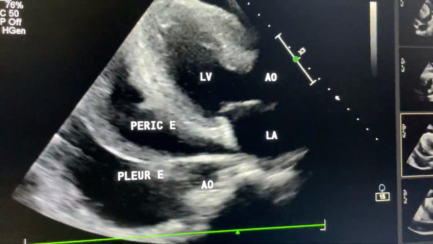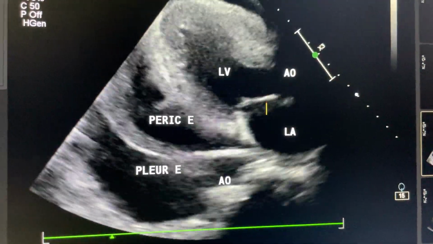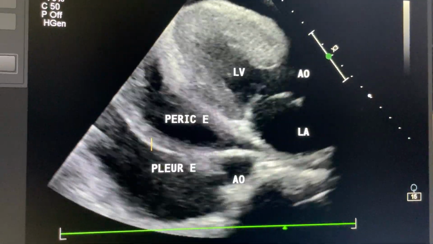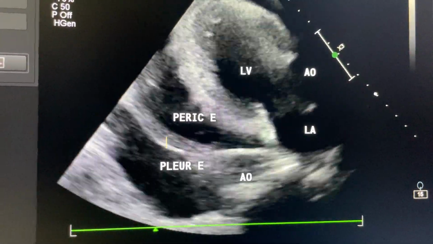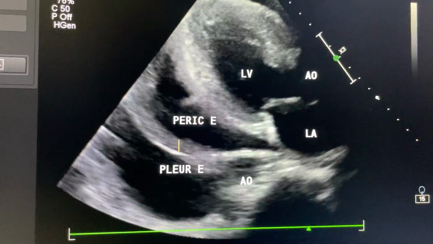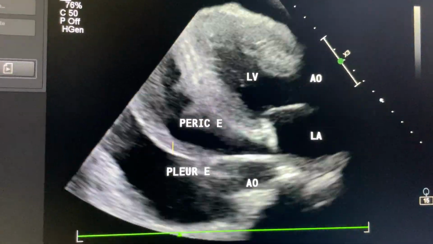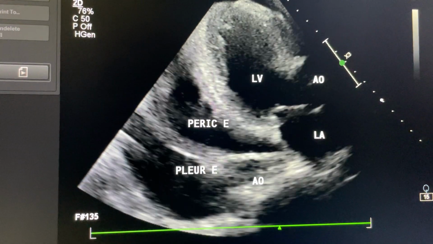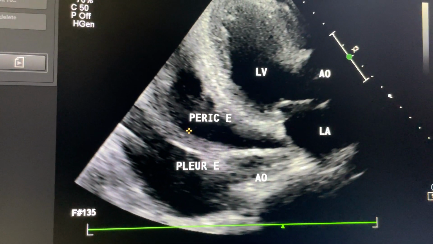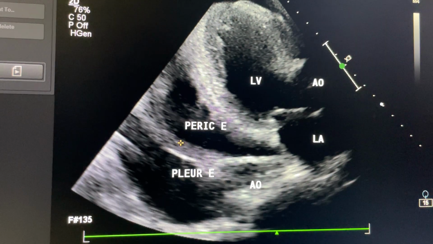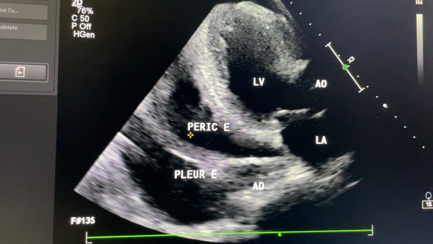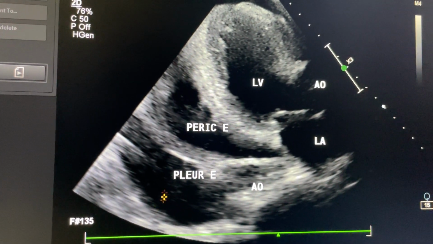So in this case, whenever you see this kind of thing, this is parietal pericardium. Here you can easily measure the parietal pericardium quite clearly, because effusion is present on both sides of the pericardium. This is pericardial effusion, this is pleural effusion.